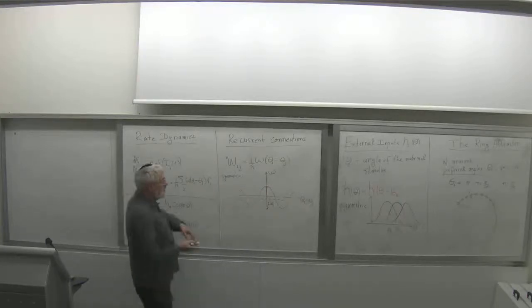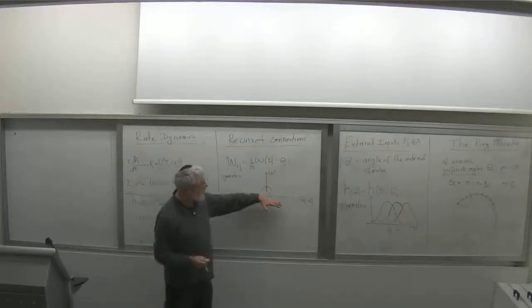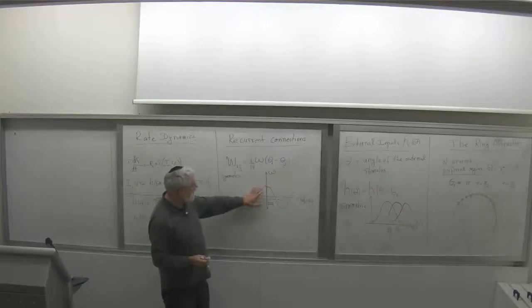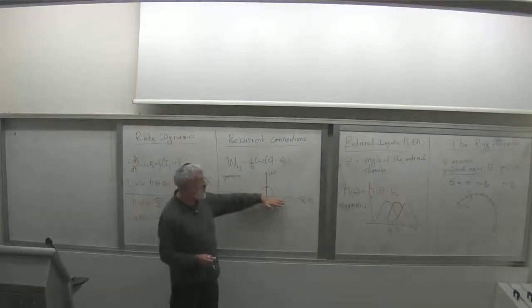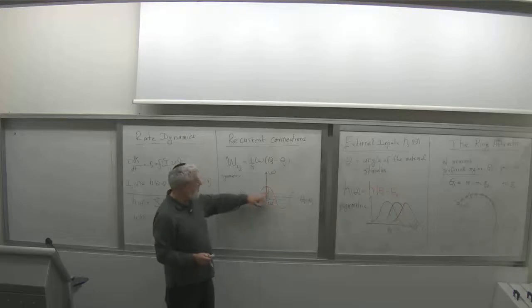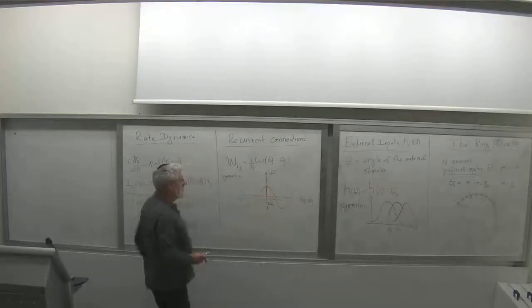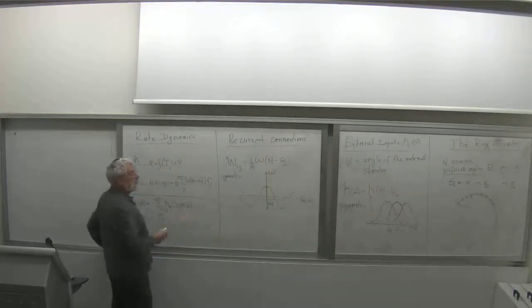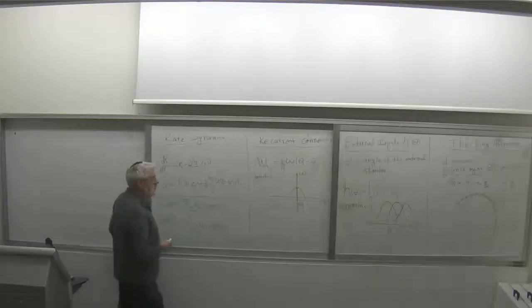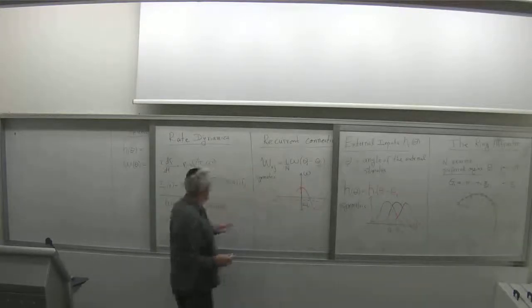Okay, so that's what I mean by the modulation. W0 is the overall mean recurrent interaction, and W1 tells us about the strength of the modulation. If I put W1 to 0, I'll go back to uniform interactions. If W1 is strong, it means that the interactions are strongly modulated in space. And similarly for h.